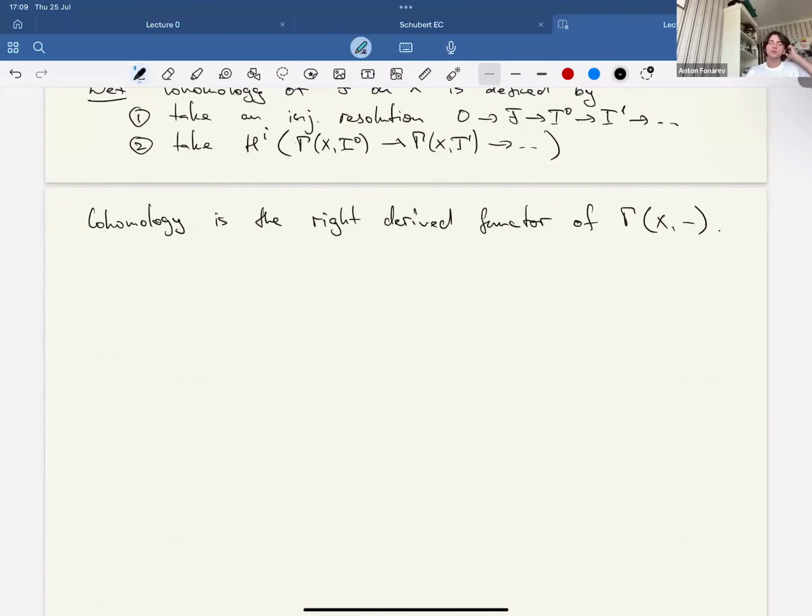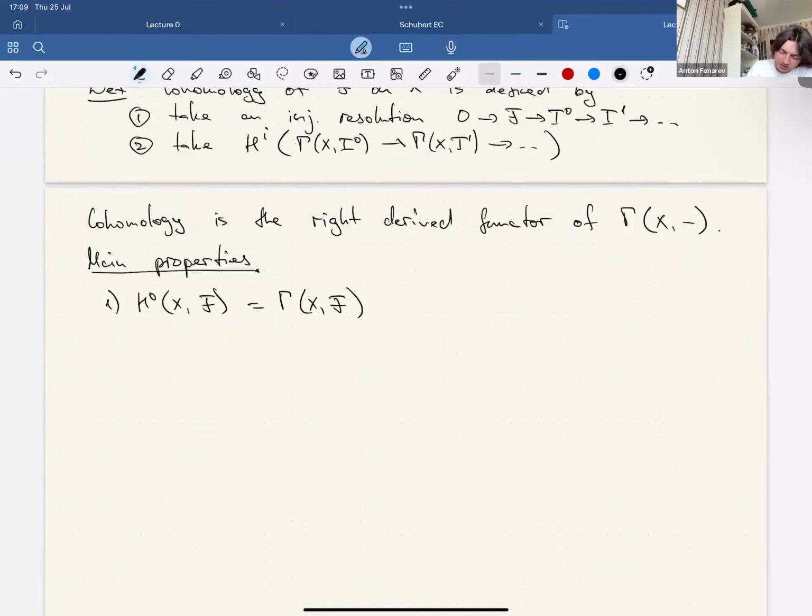And just to remind you, what does it mean that it's a right derived functor? The main properties are the following. First, H0 on X of any sheaf is just the global sections. Second, H^i on X of anything is a functor. And third, there are certain connecting homomorphisms.